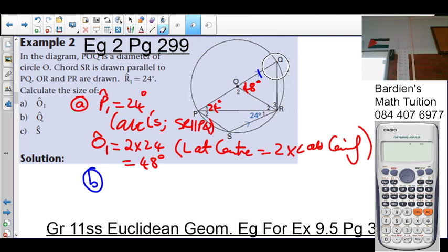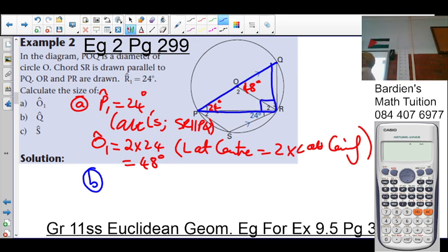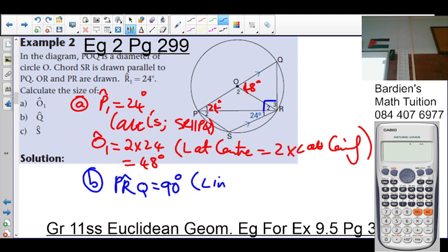Or we can work with that triangle here, because the angles in the triangle add up to 180. We know that that angle is 90 degrees. Why is that angle 90? Because angle in semicircle. So we say that angle PRQ is equal to 90 degrees. Why? Angle in semicircle.